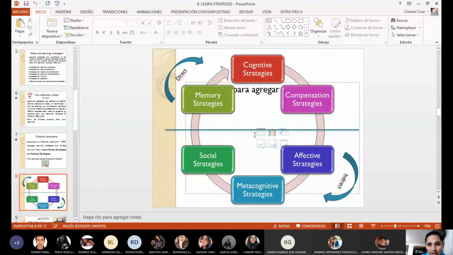We also have social strategies, which are very important for working collaboratively. We need to identify the stage in which children are situated in order to work on their social interaction.